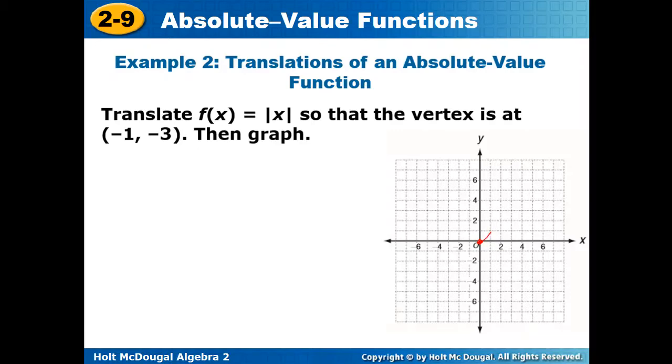It's going to be right here, and that's what our parent function is going to look like. But it just says that we want to translate it to -1, -3. So we're going to go over 1, down 3. Let's do it the old-fashioned way first. First of all, we do a horizontal shift. We're going to the left.